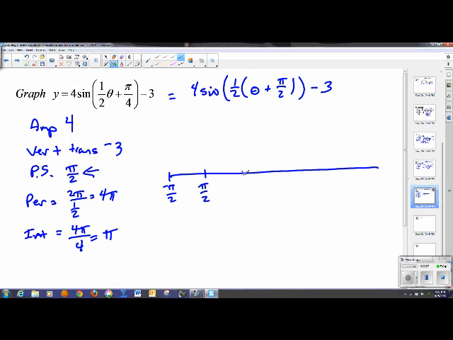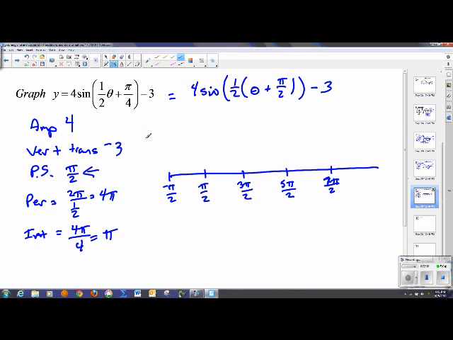If I add pi to that, I get 3 pi over 2. Adding pi to that, I get 5 pi over 2. And adding pi to that, I get 7 pi over 2. And that is going to reflect one period of this sine function.